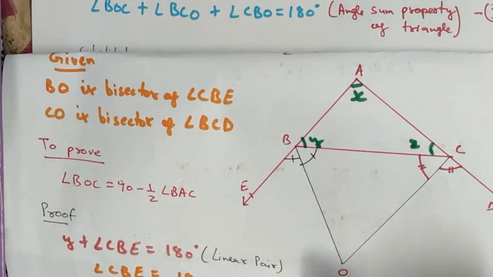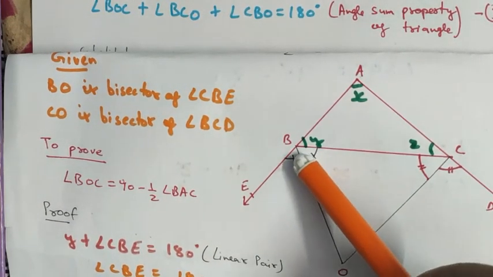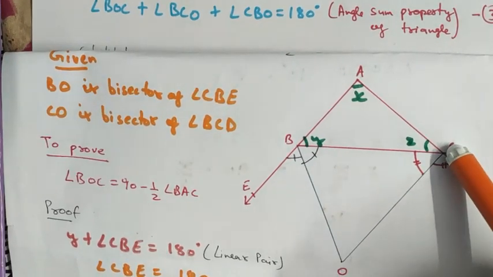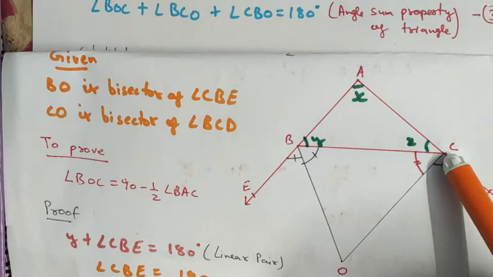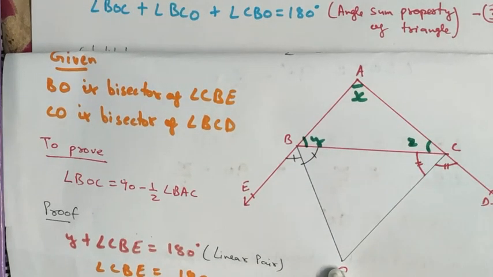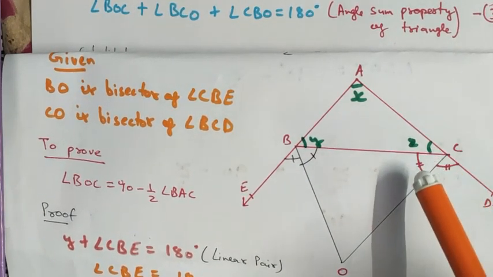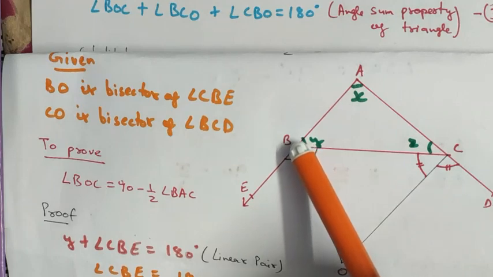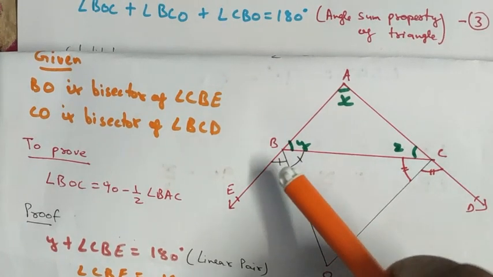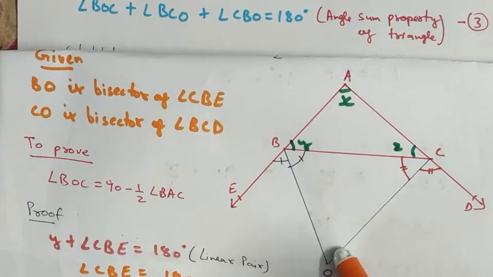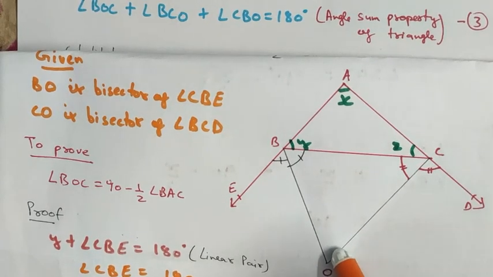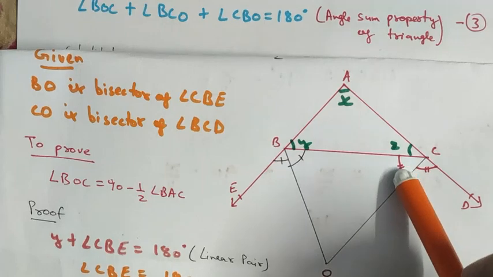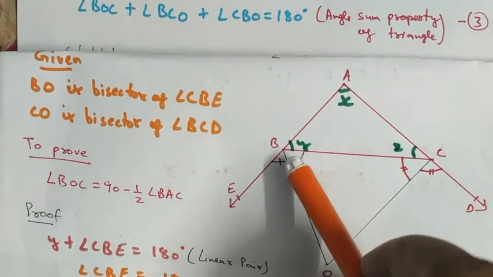Now in triangle BOC, we get angle BOC plus angle BCO plus angle CBO, means this angle BOC, plus angle BCO, that is this angle, plus angle CBO, this angle.